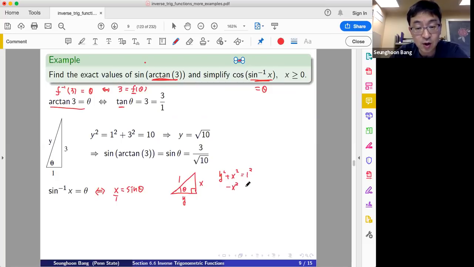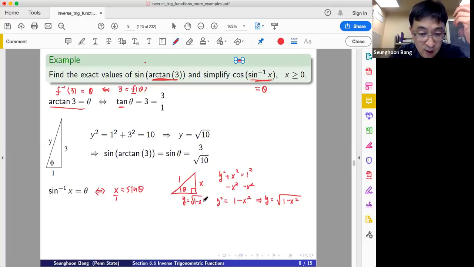Subtract x squared from both sides: y squared equals 1 minus x squared. Next, take the square root. Y could be positive or negative, but don't use the negative one because y is a length, and a length is always positive. So it is the square root of 1 minus x squared.